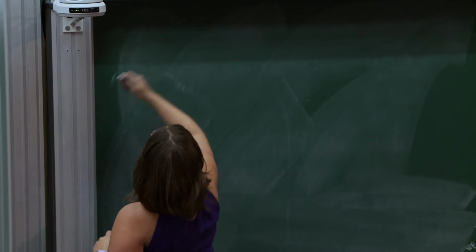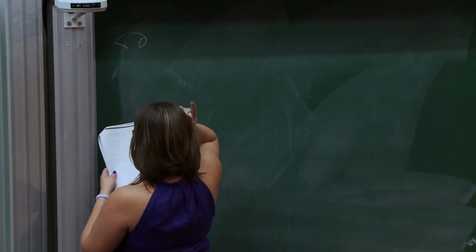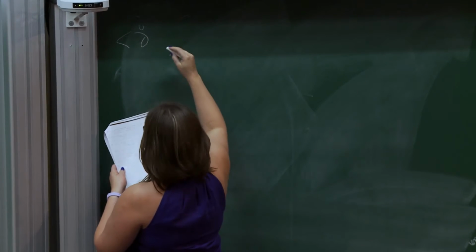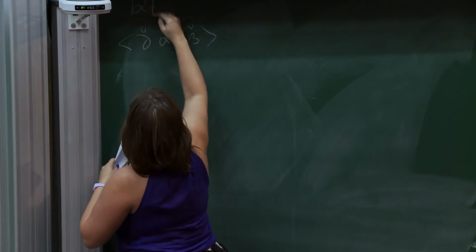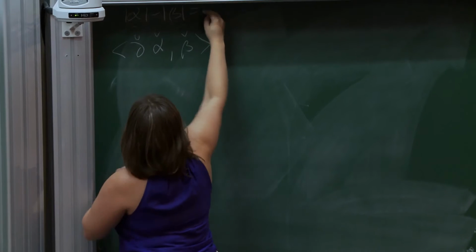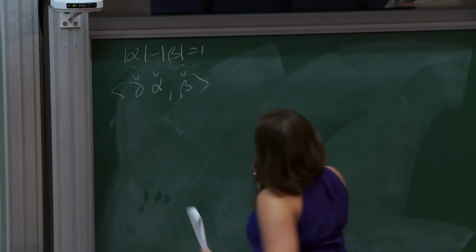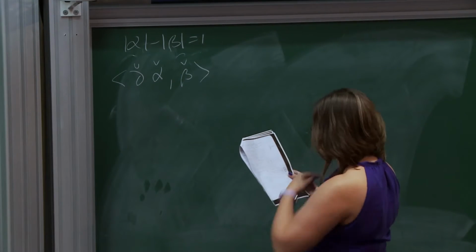Okay, so what do each of these terms count? So D check, alpha check, beta check. Here you would want the index between alpha and beta to be 1.